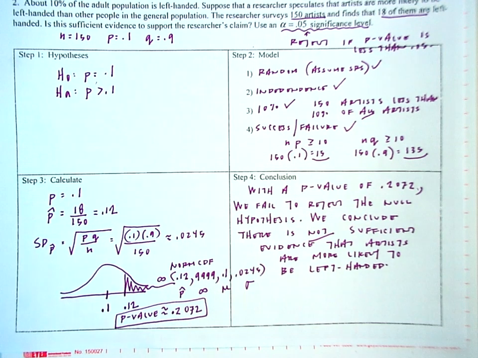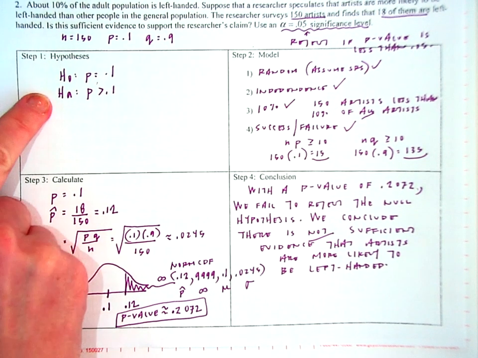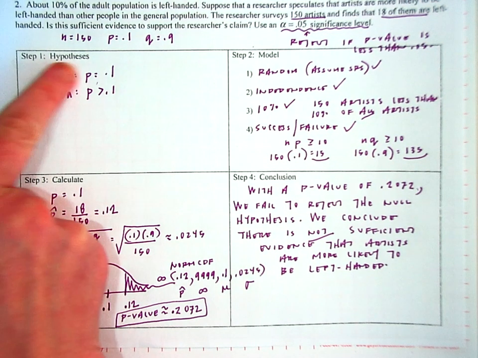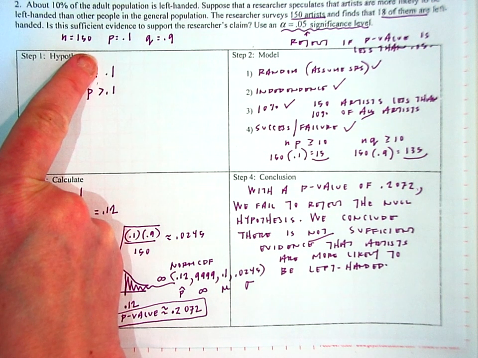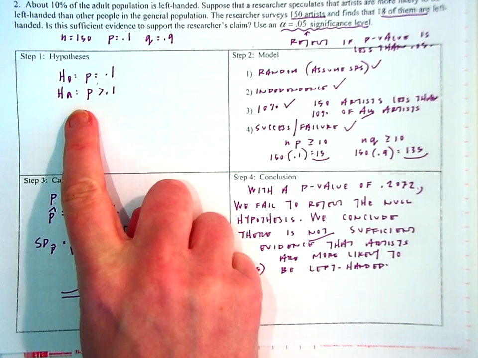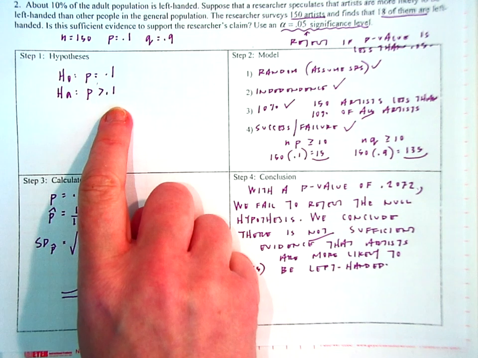Okay, so quick little recap, right? Our hypotheses, we say, are null, business as usual. What is it that we think has changed? So we know that there's 10% lefties in our entire population. And we're saying that we think that there might be more than 10% that are artists that are lefties.